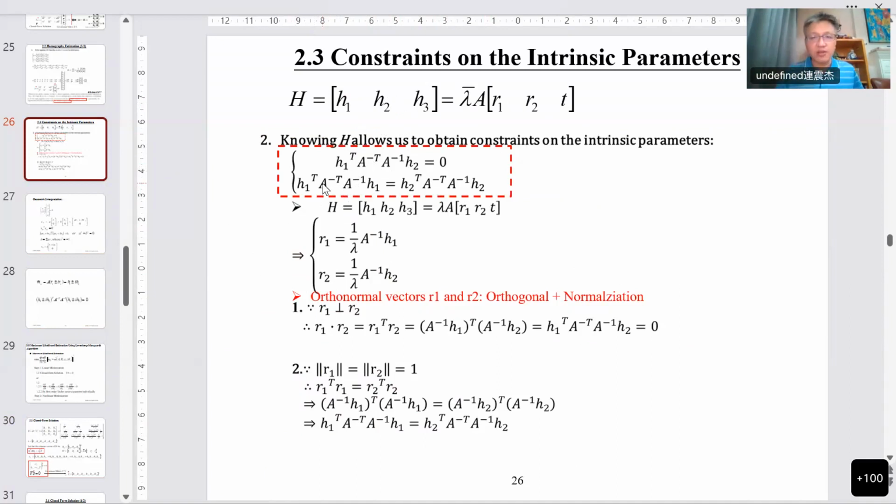B, H is the intrinsic parameters. Now H you know from the previous calculation.